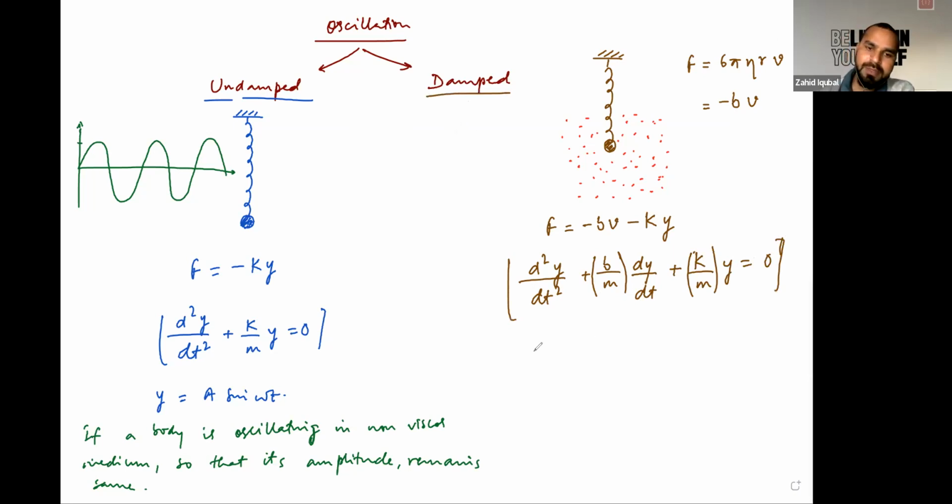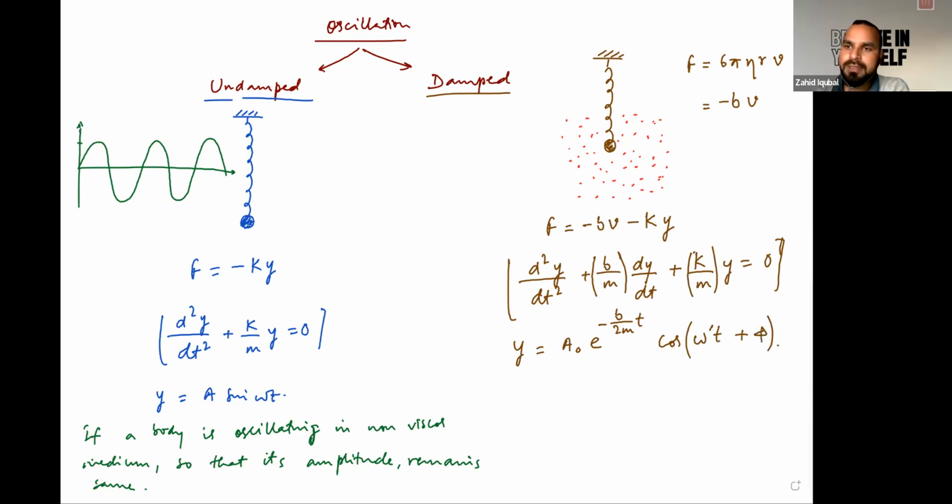If you simplify this, you will get y is equal to A naught e raised to the power minus b divided by 2m into t, multiplied by cos omega dash t plus some constant phi.